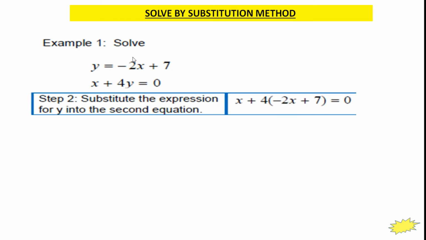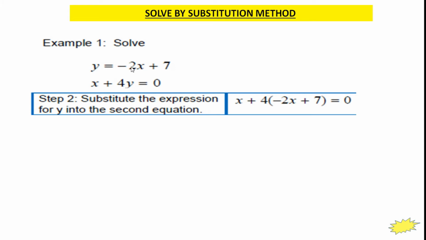If this is the kind of linear equation that is given, in which it is easy for you to convert the linear equation in such a way that one variable can be written in the form of another variable without getting into fractions.